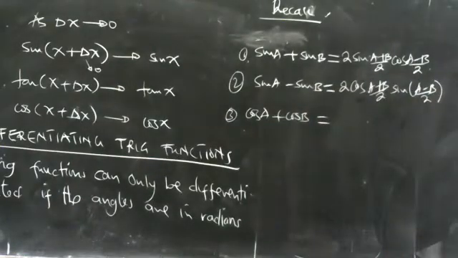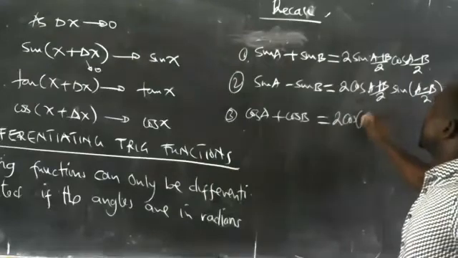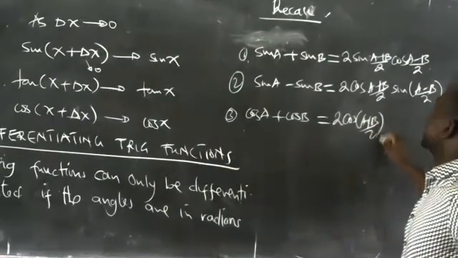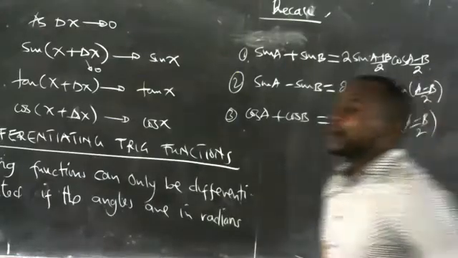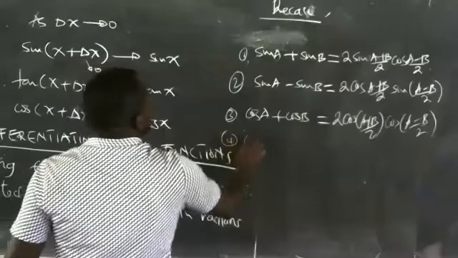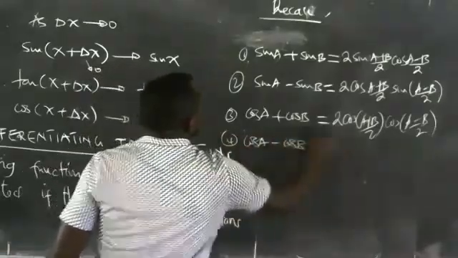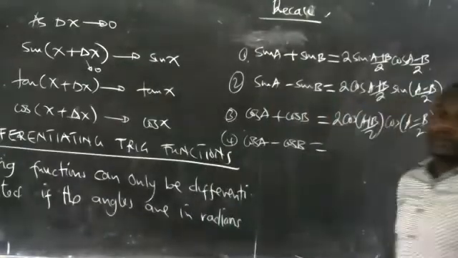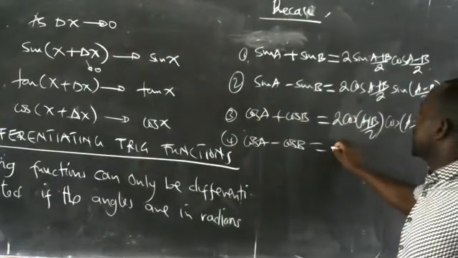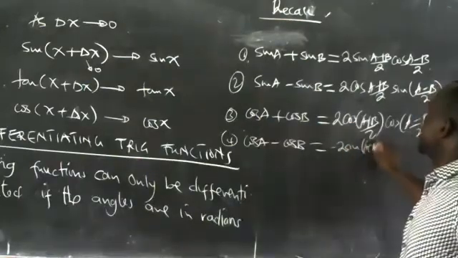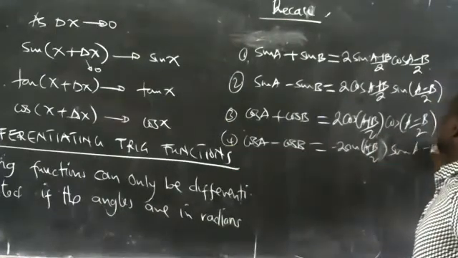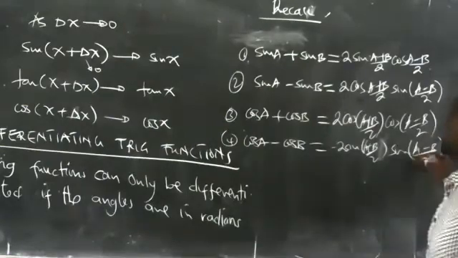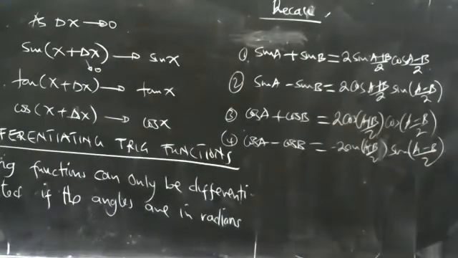You get 2 cos of (A plus B) out of 2, cos of (A minus B) out of 2. Then you have cos A minus cos B. What do we get here? Negative 2 sin of (A plus B) out of 2, sin of (A minus B) out of 2. Okay.